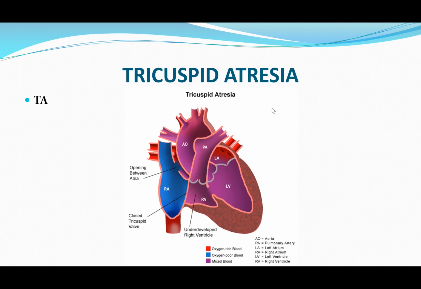I tried to transfer. It wasn't very successful. It's very, very rare. In fact, this is the only case I've had having both transposition and tetralogy. Most of the time they are separate.